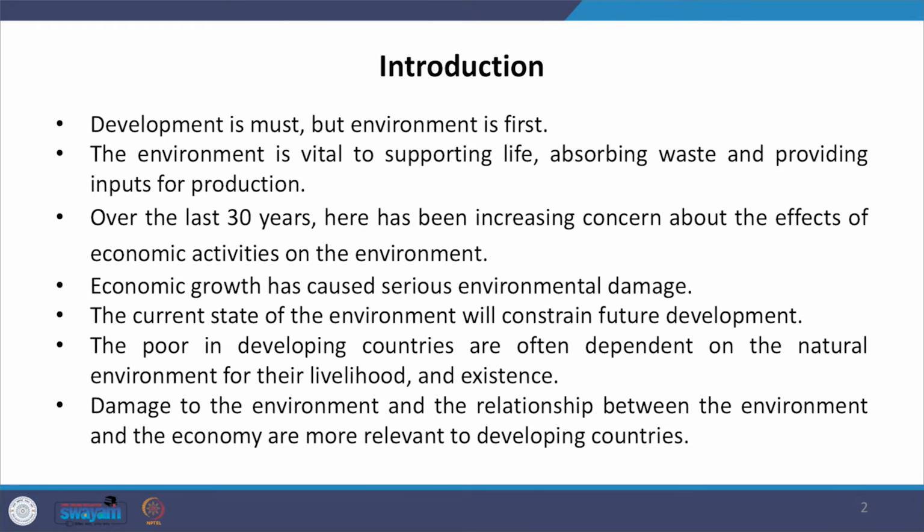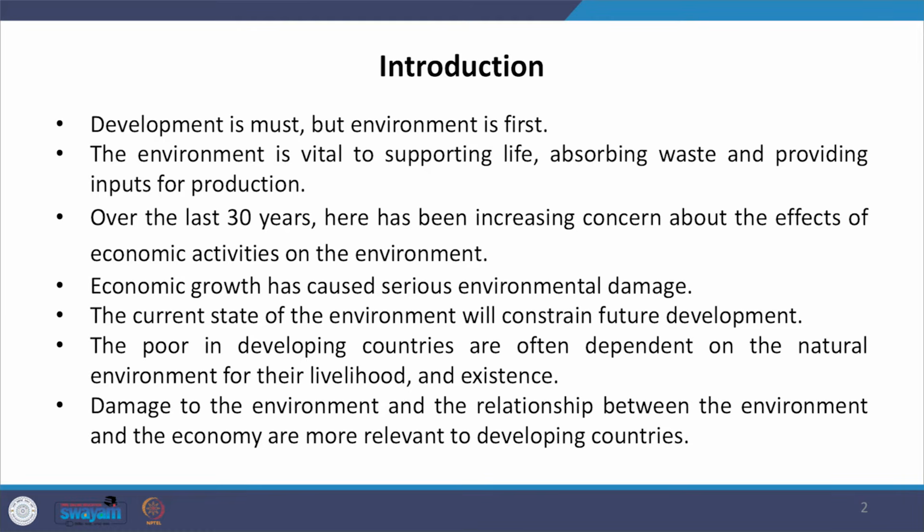degradation. We know the environment is very vital for supporting our life. It also absorbs the waste which we release into the atmosphere by way of production and consumption, and it provides us various kinds of resource inputs which are used in the production process.